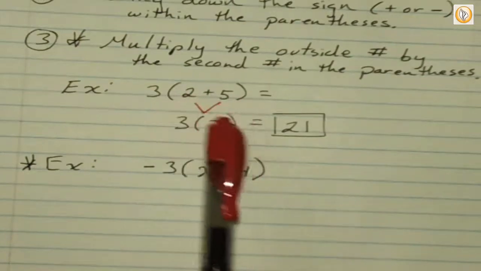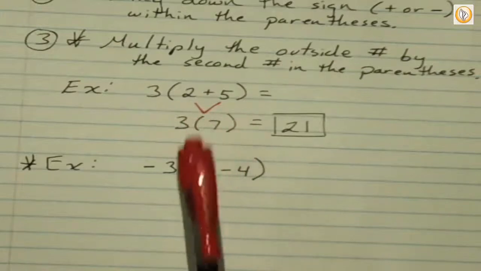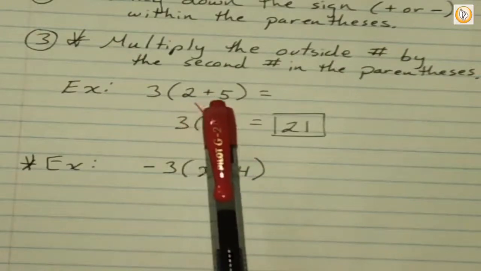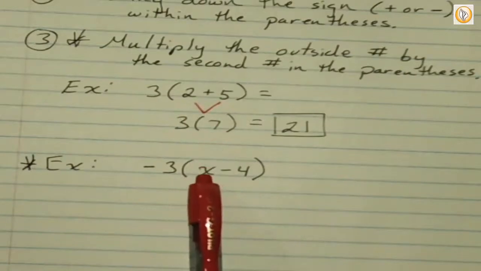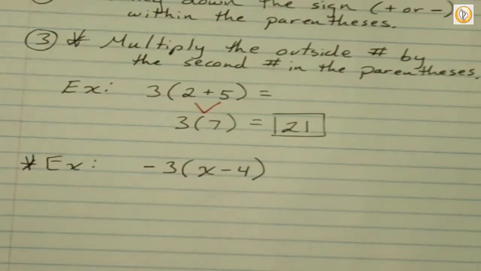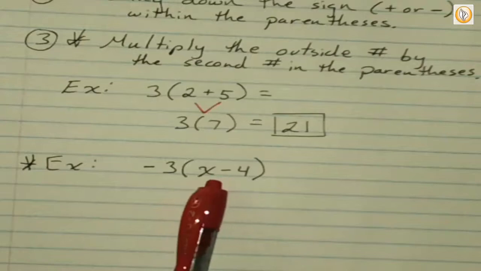Order of operations, we work inside the parentheses, right? So Atalia said 2 plus 5 is 7. Can I do x minus 4? No. We don't know what x is. It could be any number at this point. You cannot combine a letter.